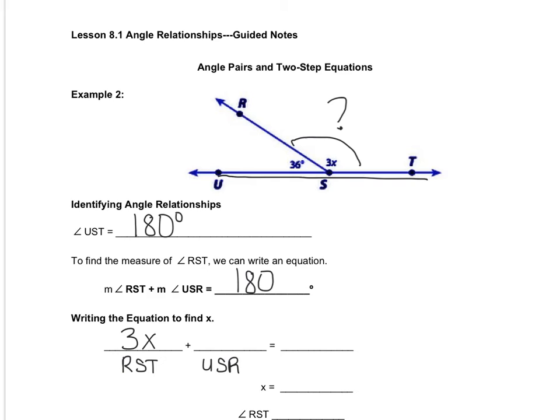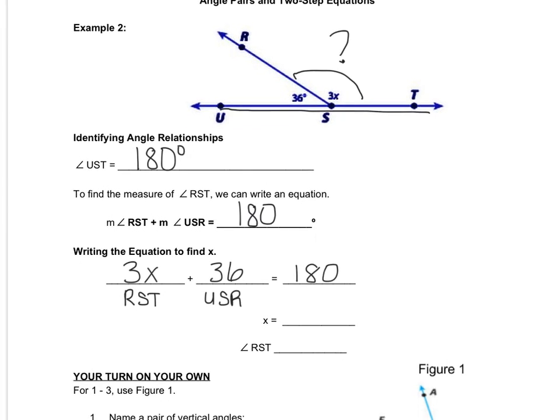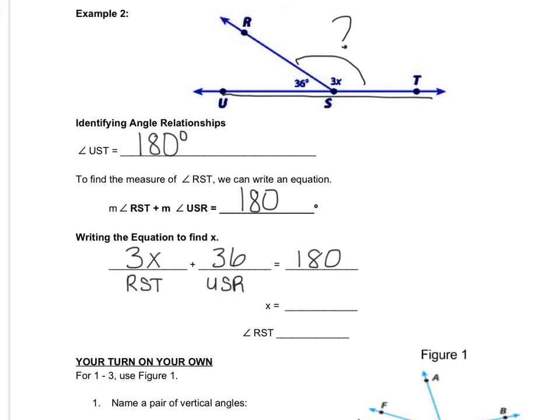And we know that the sum is 180, so we're going to add the measure of RST, 3x, to USR, which is 36. And because it is a straight line, or therefore supplementary angles, it is equal to 180 degrees. So we see here I just have a two-step equation. 3x plus 36 equals 180.